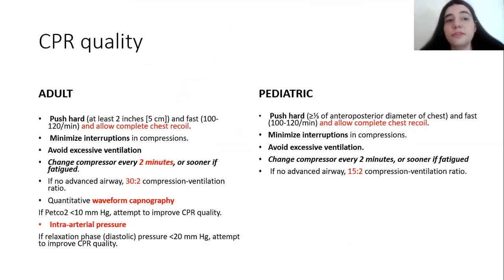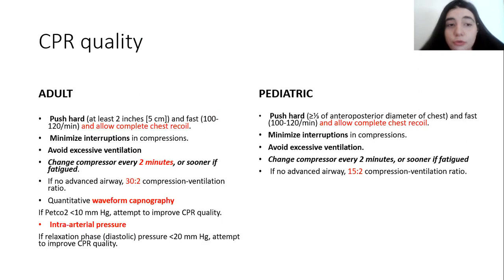So what about CPR quality? For CPR quality in adults and pediatrics, you need to push hard, of course, at least 2 inches or 5 centimeters for the adults, and at least a third of the anteroposterior diameter of the chest for the pediatric population.